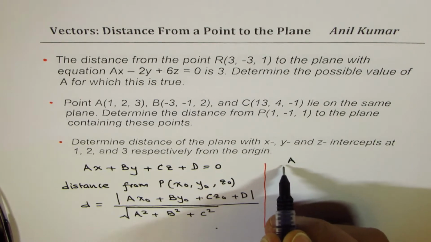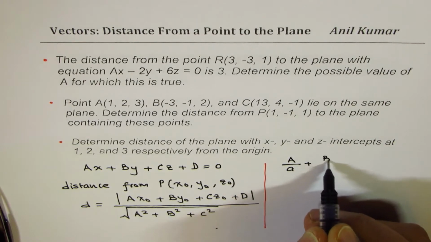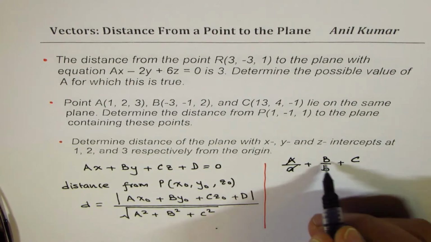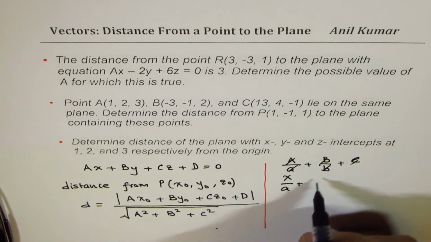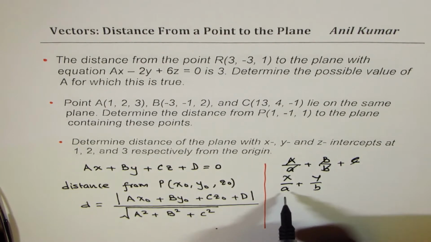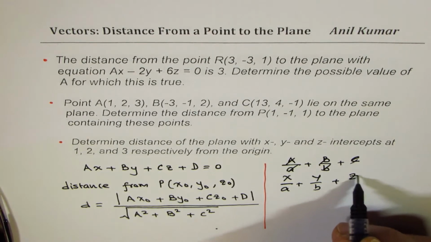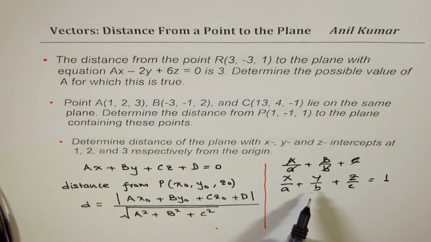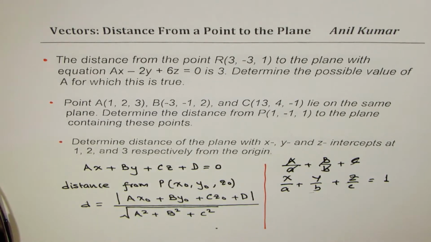In that case, we could write the equation as x over a plus y over b plus z over c equals 1, where a, b, c are the x, y and z intercepts. So that is the equation of a plane with given intercepts.